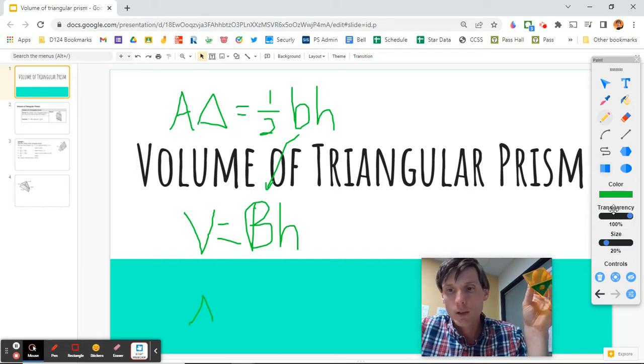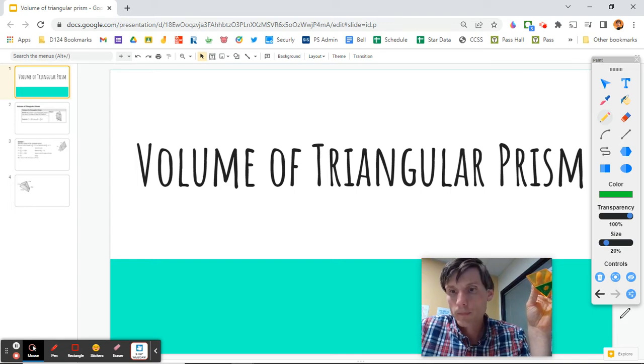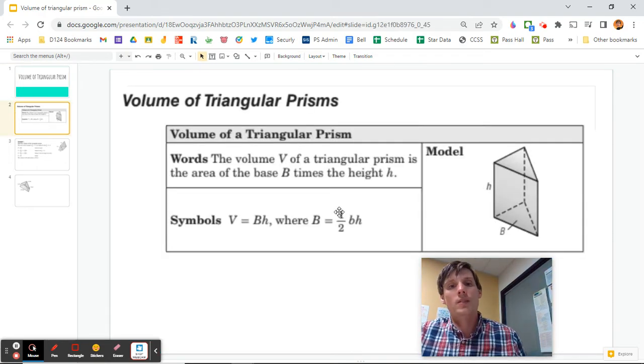All right, so let's look at some examples here. If we have this model here, basically what we just said, the volume equals the big B, the base, that one shape, times the height of the object.